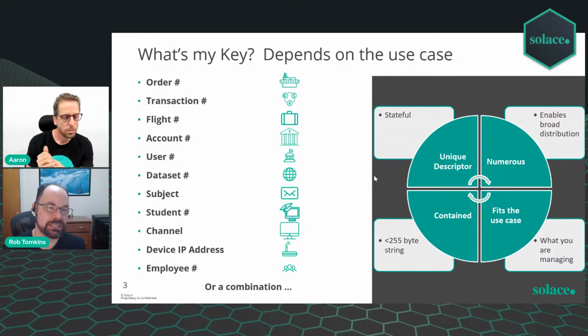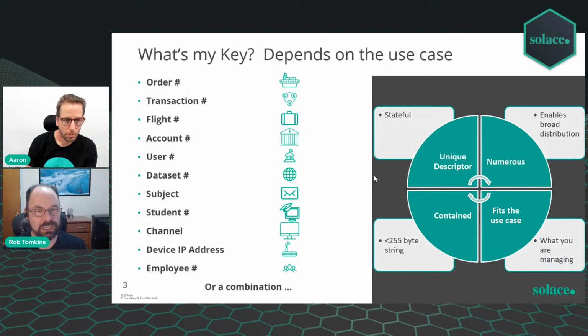Otherwise, you could do the same kind of capability by putting the key into your topic and feeding that into an exclusive queue, right? And having multiple different exclusive queues mapped to a fixed set of small number of keys, and that would work equally well here.